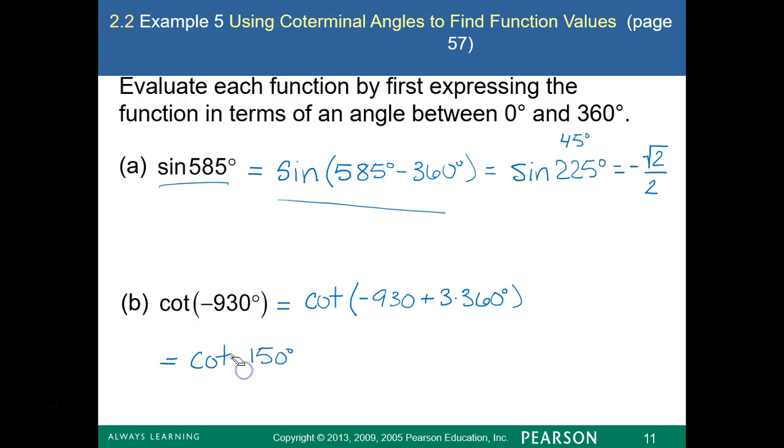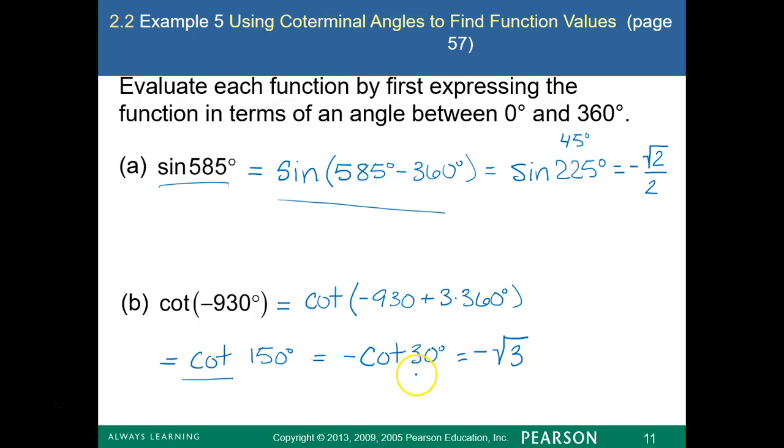You don't necessarily need parentheses right here. Cotangent of 150 degrees. Find its reference angle, which is, let's see, 30 degrees. And 150 degrees, that is in the second quadrant. Cotangent is going to be negative. So what we're finding here is negative cotangent of 30 degrees. And that gives us negative square root of 3.